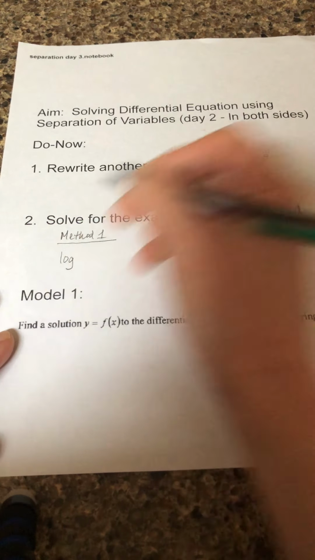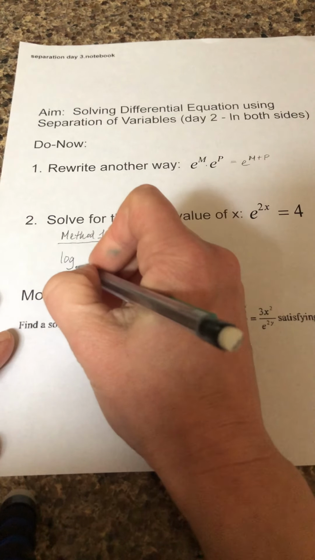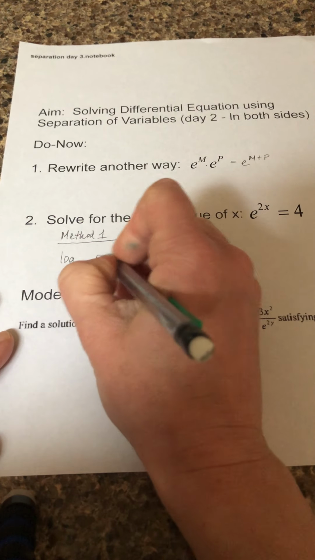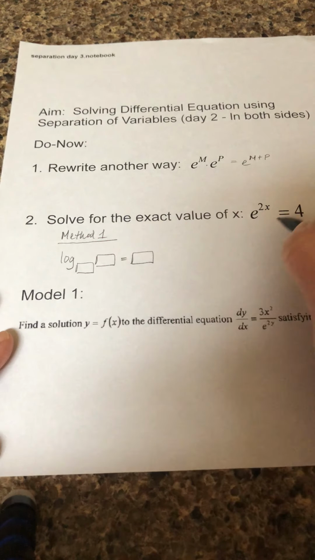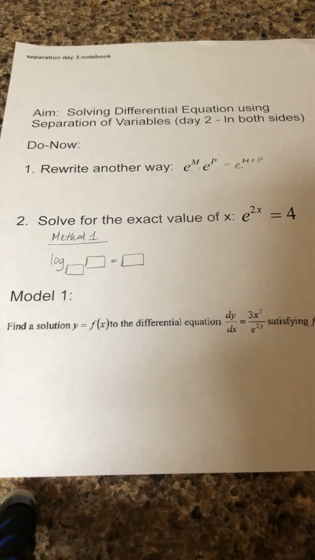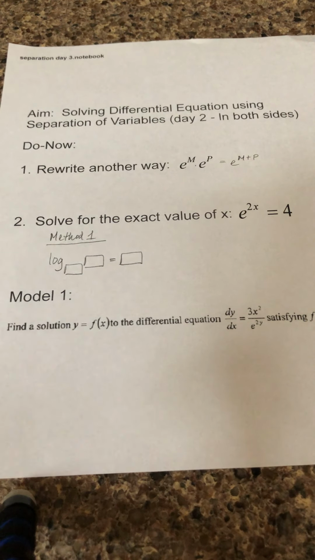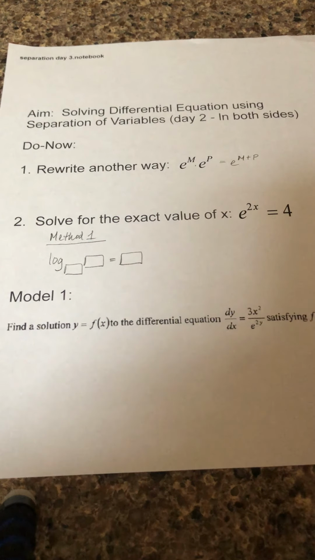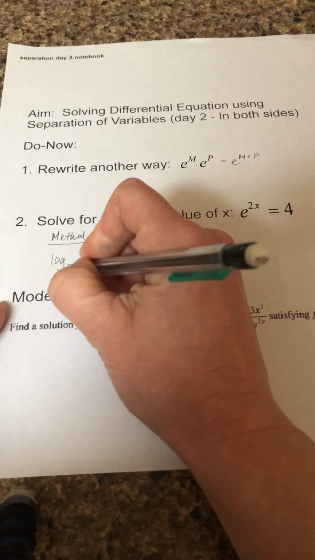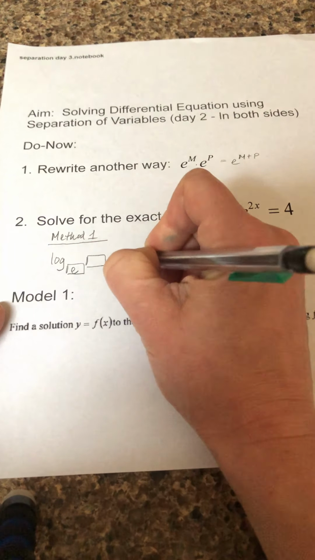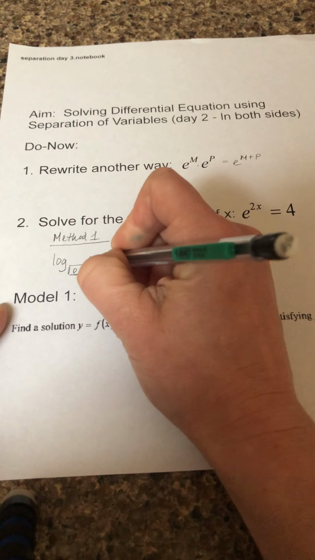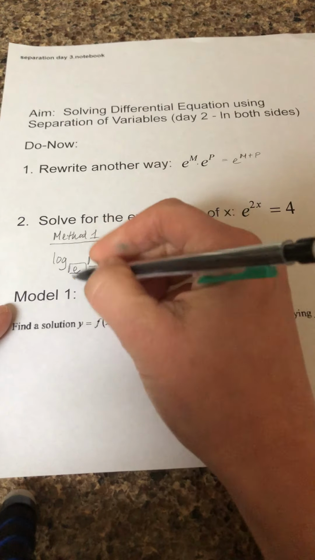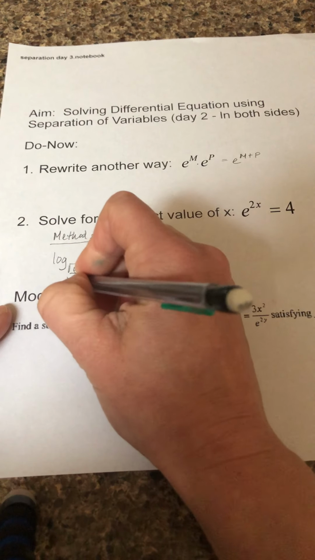So literally, you would have log, and then you took the three parts of this exponential equation and you put them in the appropriate space for your logarithmic equation. So the e would go here, the exponent is what you're solving for, that would go over there, and this would be here. And log base e is ln.